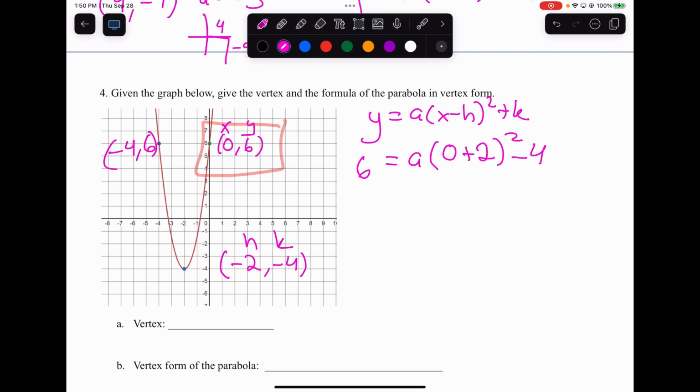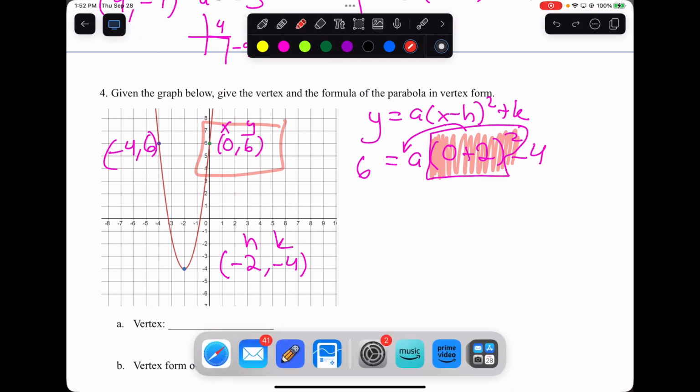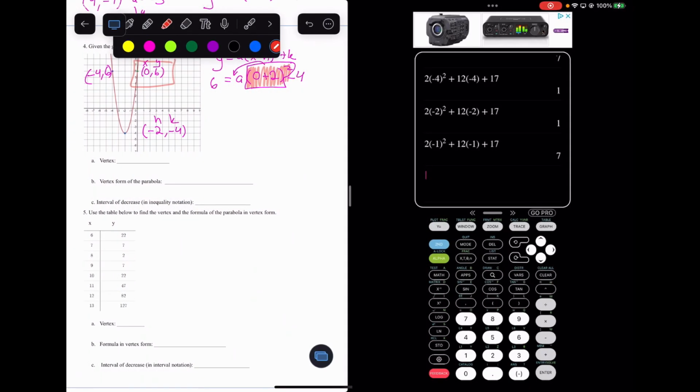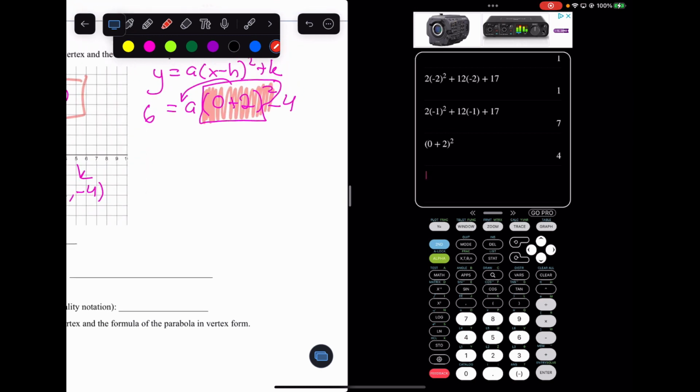I can take this and put that in front of the a. You can plug that into your calculator to get the value, and we get a 4. So it's going to be 6 equals 4a minus 4.